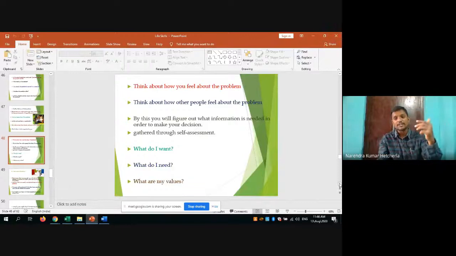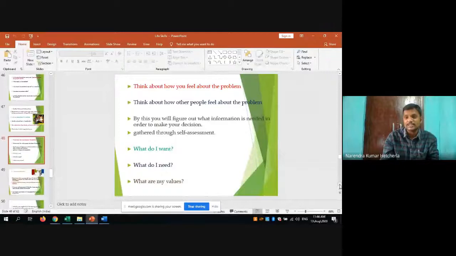What do I want in order to clear this problem? What do I want as a solution to the problem? Next, what do I need? What are my values? Students, there is a difference between want and need. Hope you know this. Someday or the other, we'll talk about the difference between want and need. There is a wider difference, students.